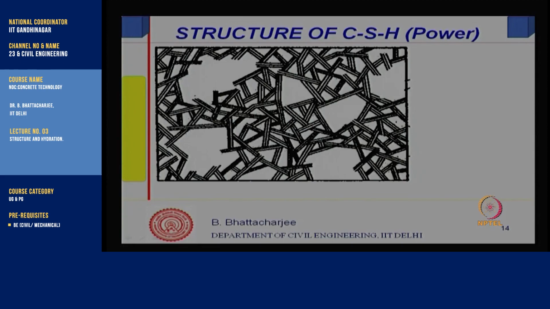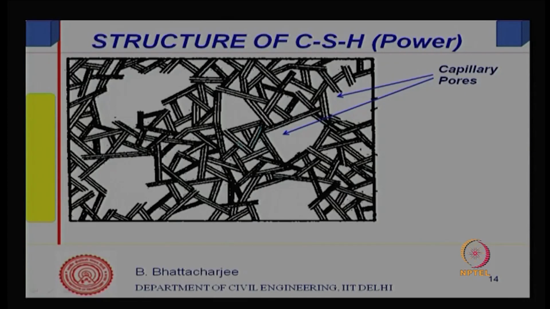In this model, these are the CHS sheets you can see, and there are large spaces which he calls capillary pores. As I was telling you, in these relatively larger pores water can enter by capillary suction, because of the surface tension forces.